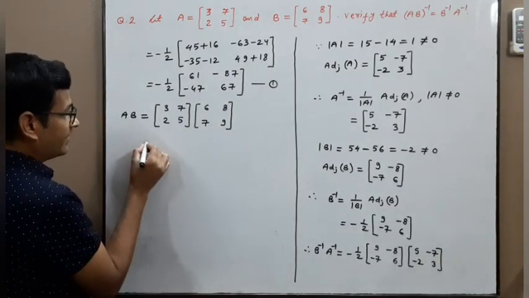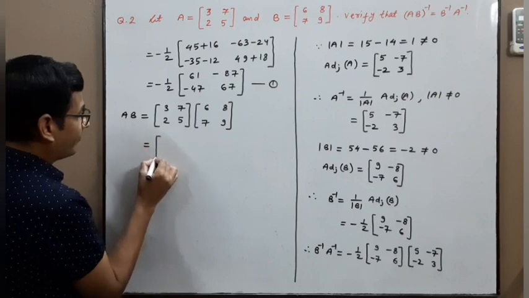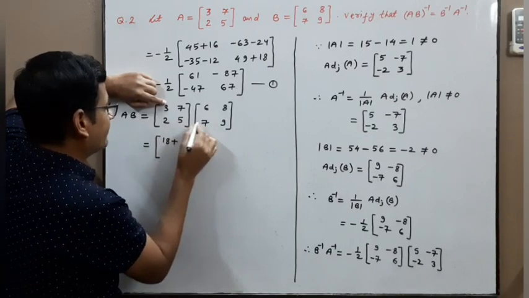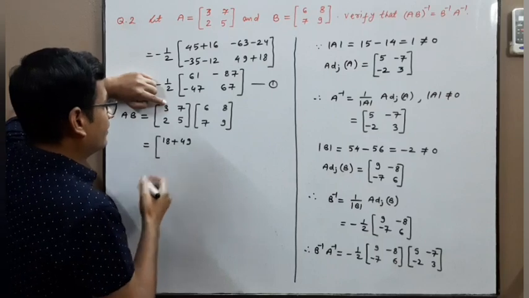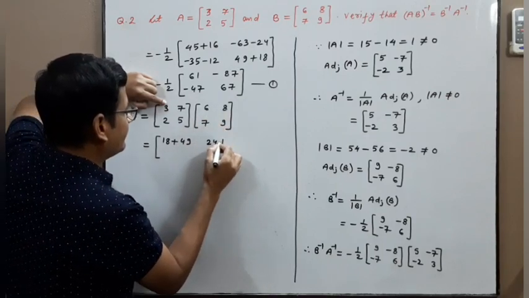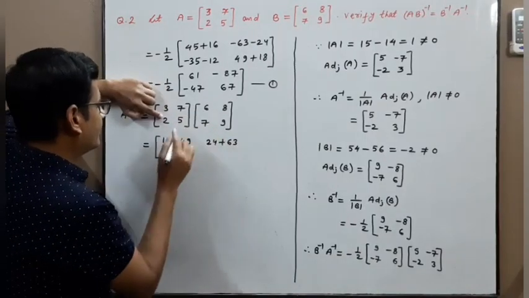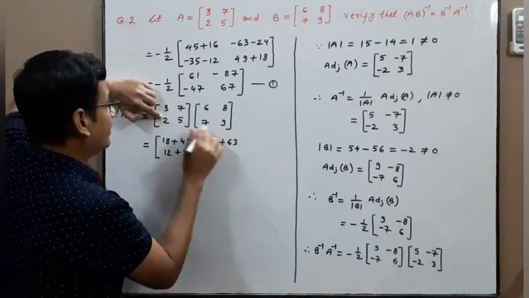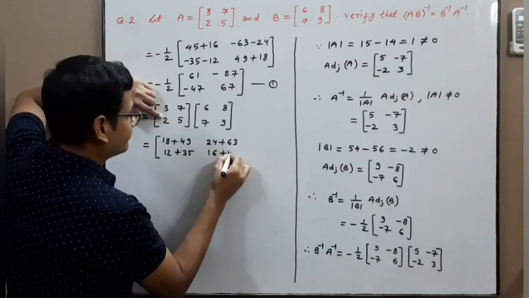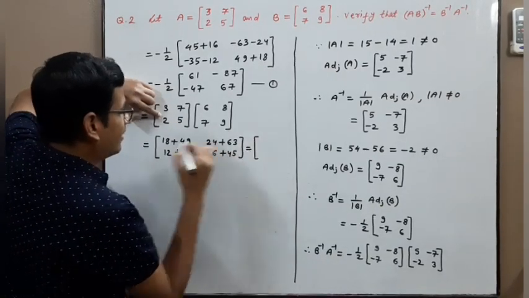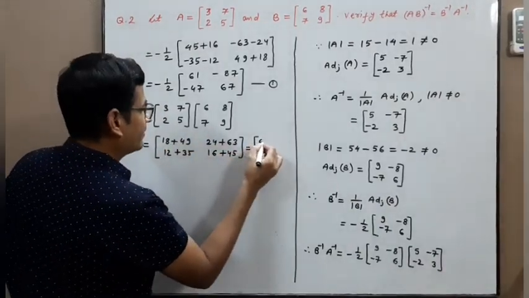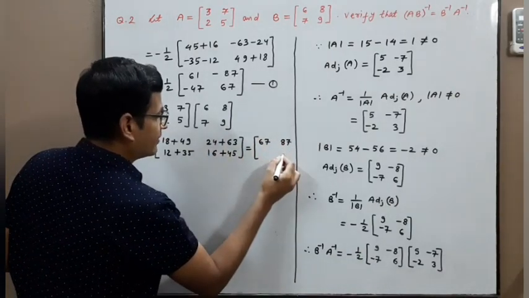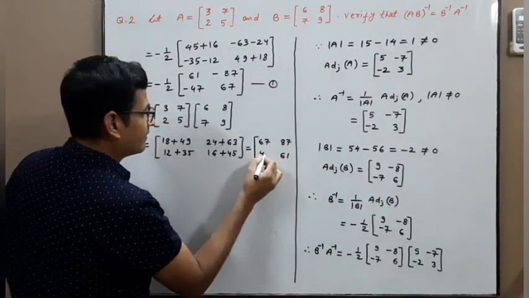Now write the product of these two matrices. 3×6 = 18 plus 7×7 = 49, 3×8 = 24, 9×7 = 63, 2×6 = 12, 5×7 = 35, 2×8 = 16 and 9×5 = 45, is equal to 18 plus 49 = 67, 24 plus 63 = 87, 16 plus 45 = 61 and 35 plus 12 = 47.